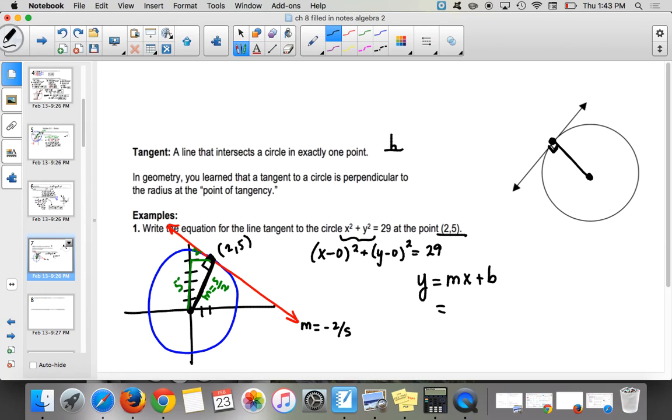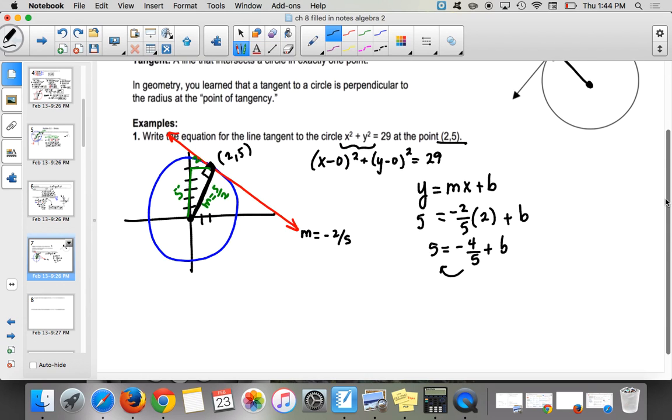I don't have the b value, but I at least have that (2, 5), and I can plug in 2 and 5 for my x and y temporarily to find b. I could also use the point-slope form, y minus y1 equals m times x minus x1. So I get 5 equals -4/5 plus b. So I add 4/5 to both sides.